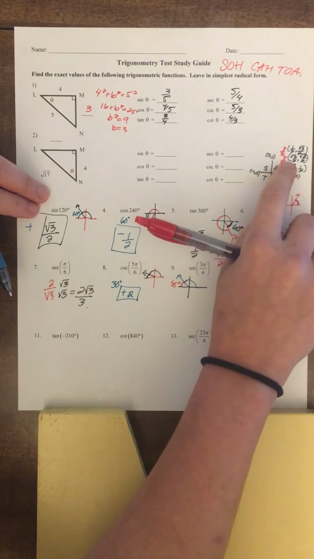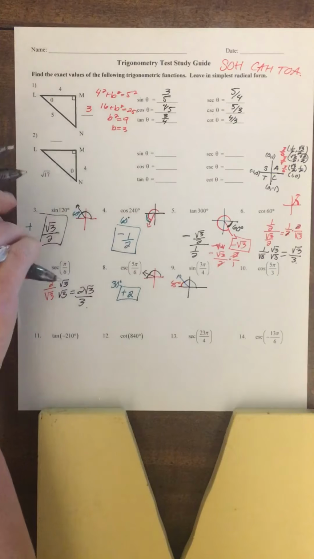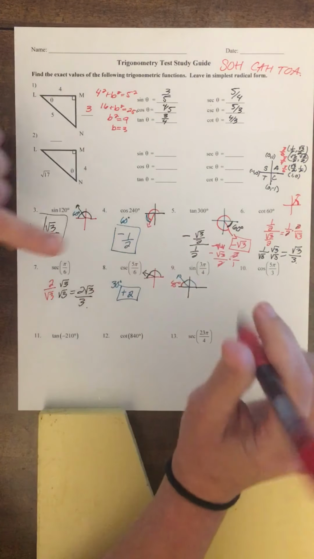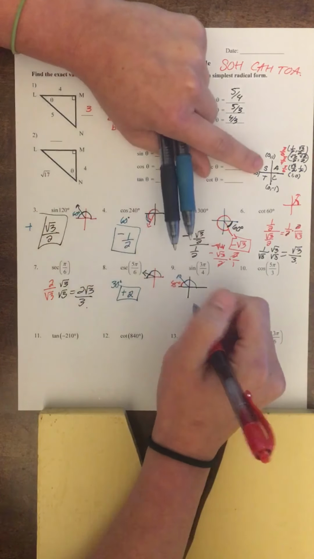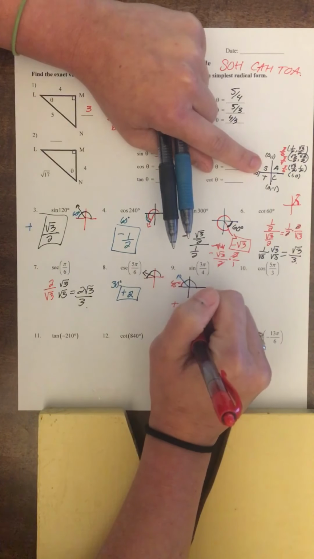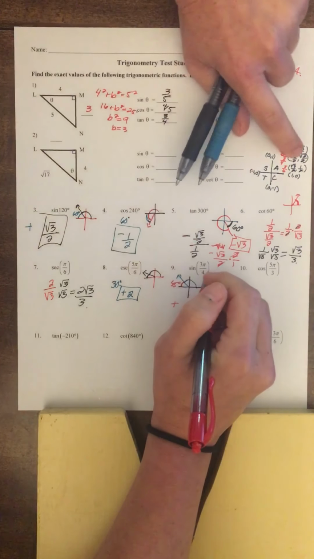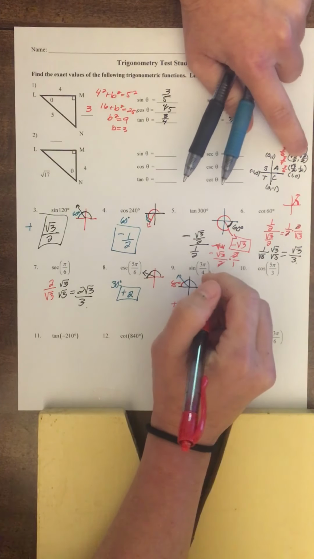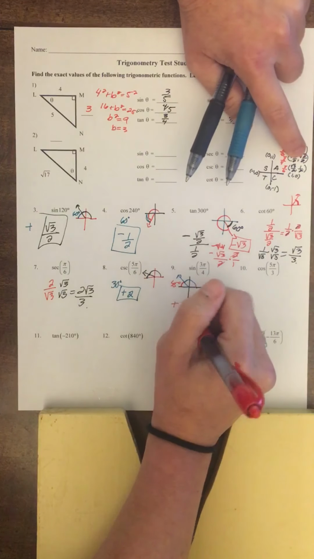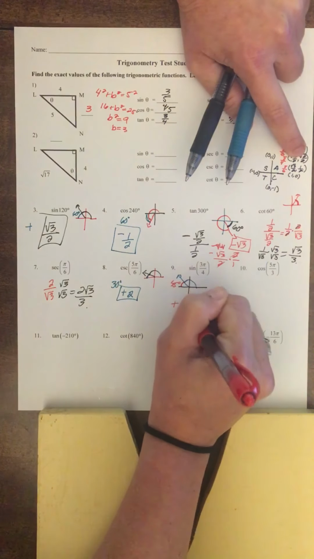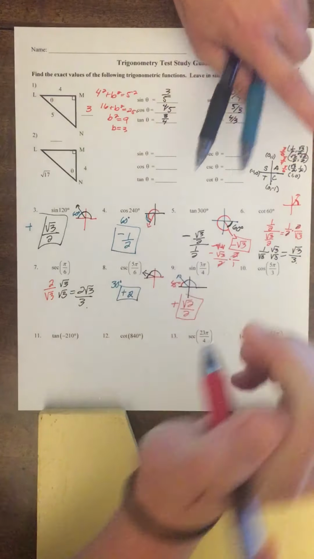Remember, pi over 4, 45 degrees? So we know our answer is positive because in the second quadrant, sine is positive. And we're looking at this point, square root of 2 over 2, square root of 2 over 2. Sine goes second, so our answer is the square root of 2 over 2.